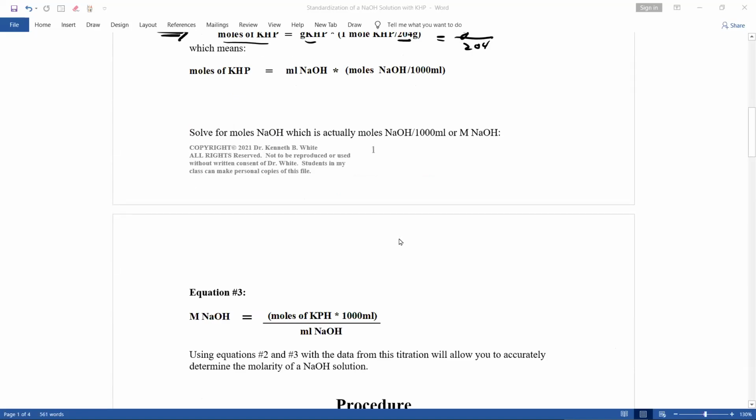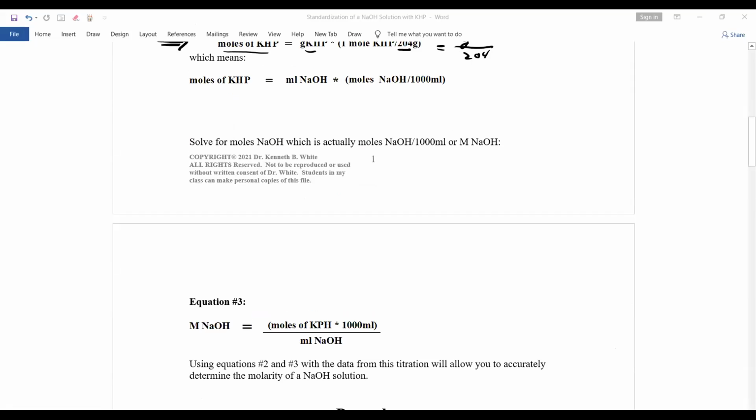And to help you out, don't tell anybody I'm being nice, shh, you'll use equation 3. This you get from equation 2. This you get from your titration. This is an exact number, and you'll be able to calculate the molarity.